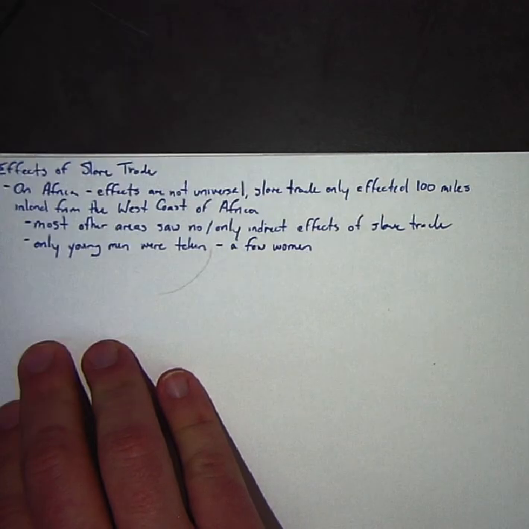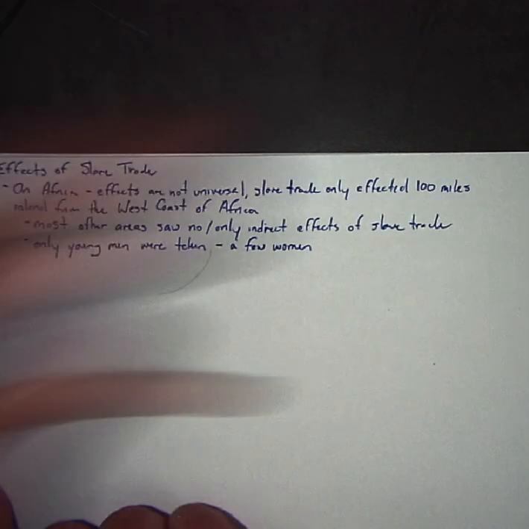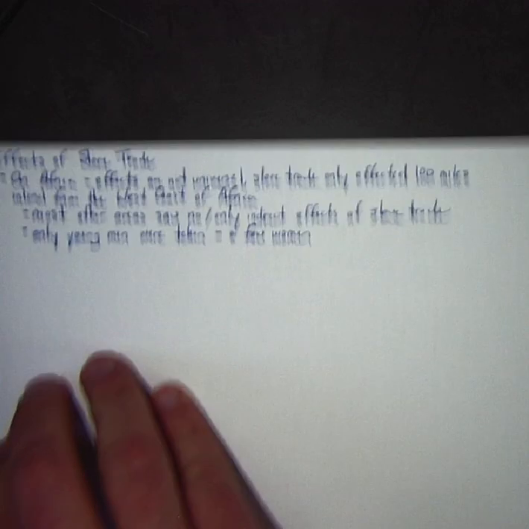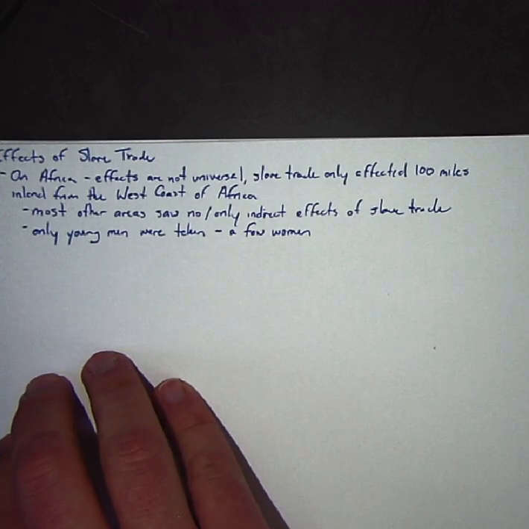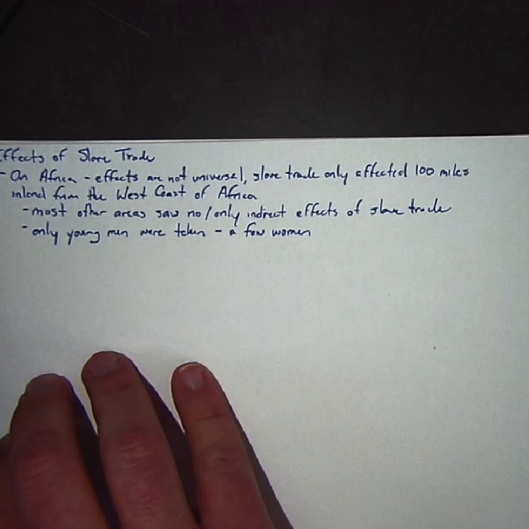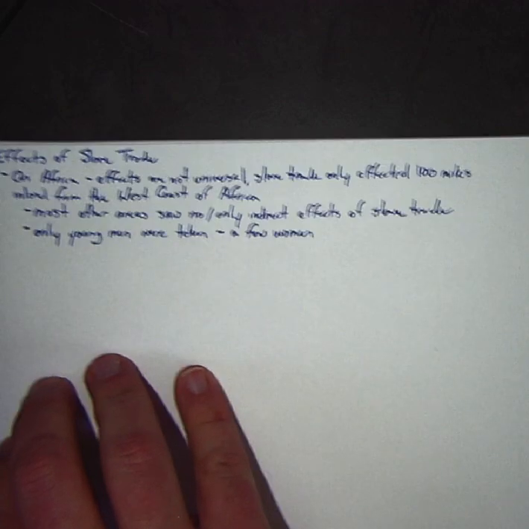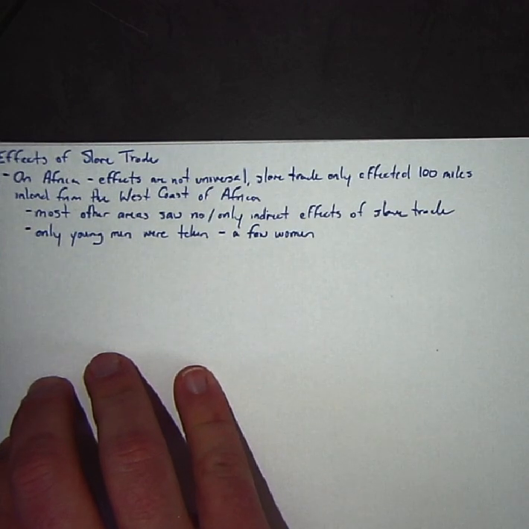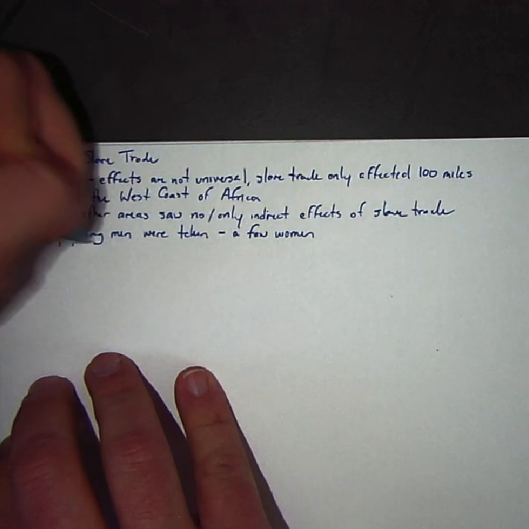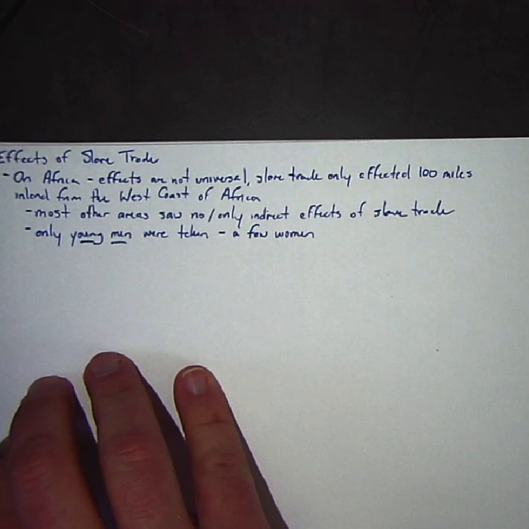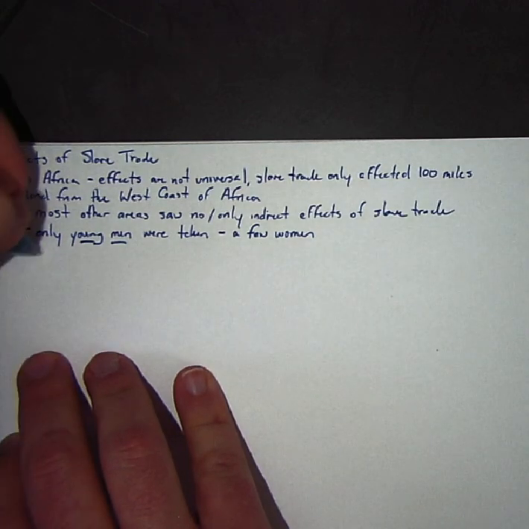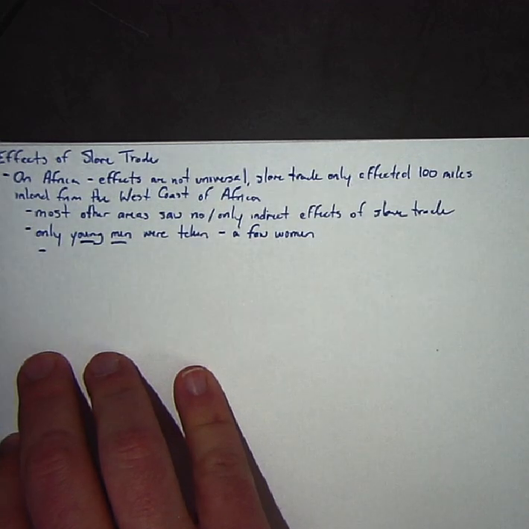There were needs for women on plantations, mostly doing domestic work, but not a lot. So there were a few women taken, but mostly the people who were taken were young men. And because of that, we see some interesting social and political effects in Africa.